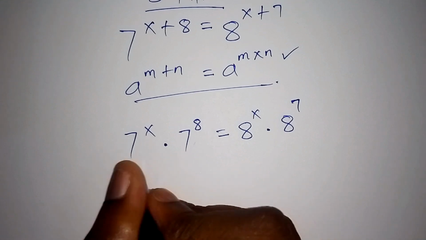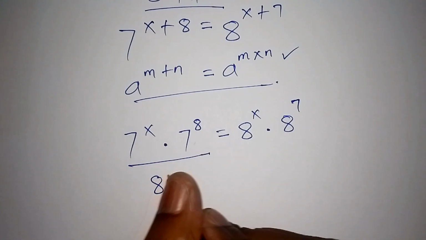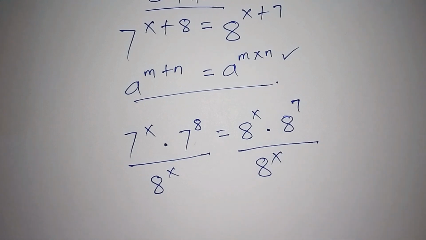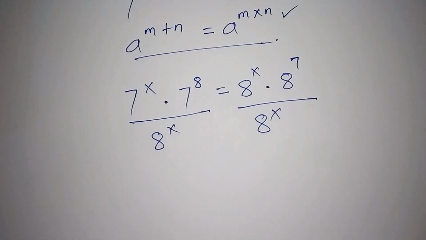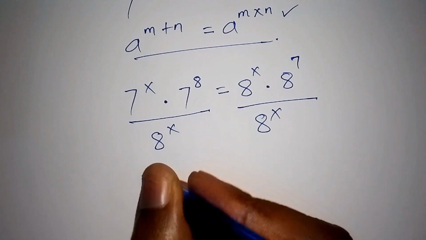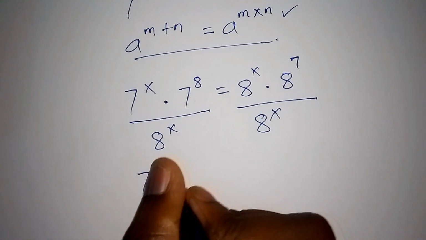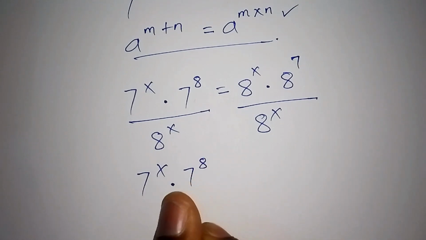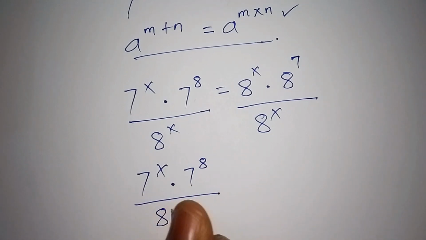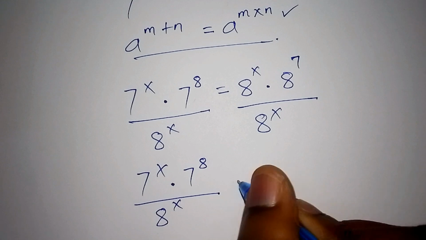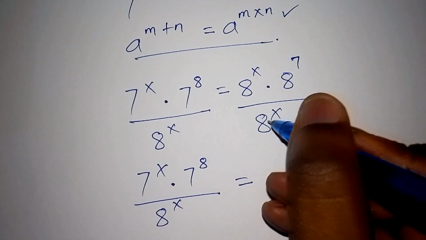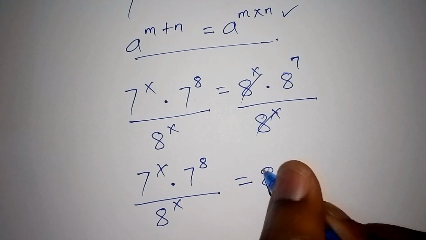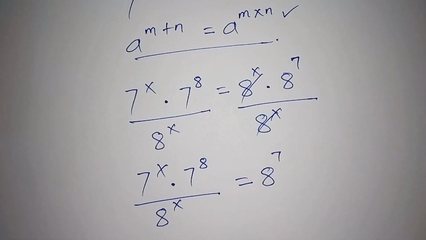In that case, I shall still have 7 to the power of x multiplied by 7 to the power of 8 all over 8 to the power of x, which equals, since 8 to the power of x and 8 to the power of x cancel, 8 to the power of 7.